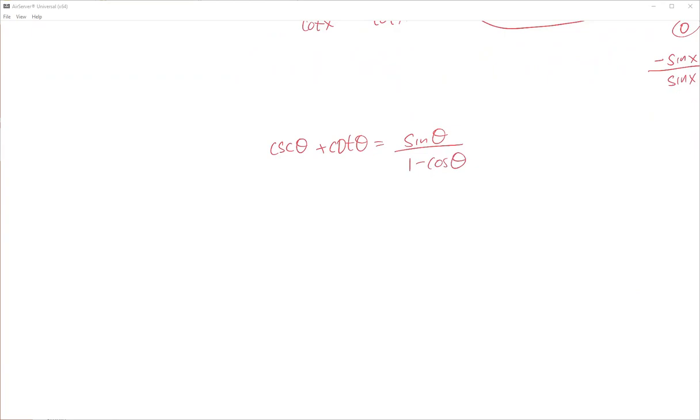Let's start on the left here. This is 1 over sine theta plus cosine theta over sine theta. So this ends up equaling 1 plus cosine theta over sine theta.